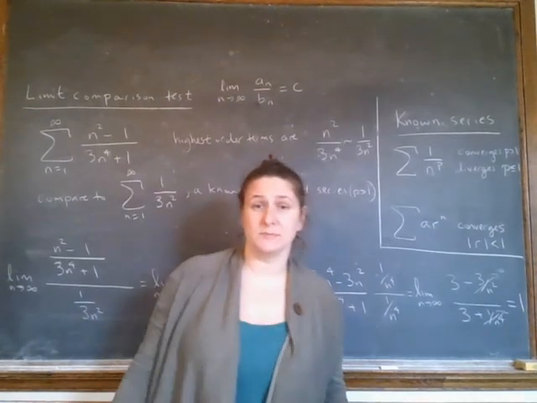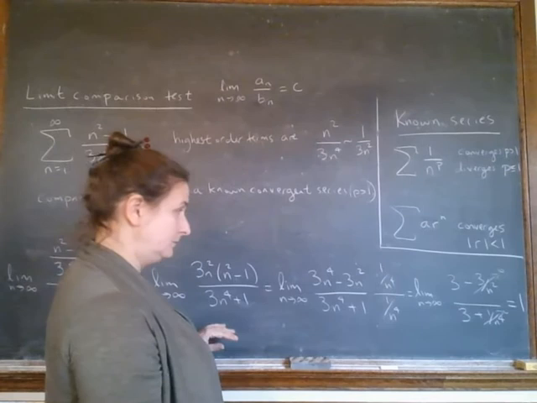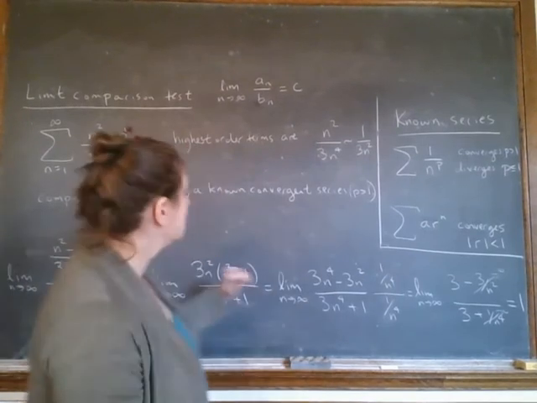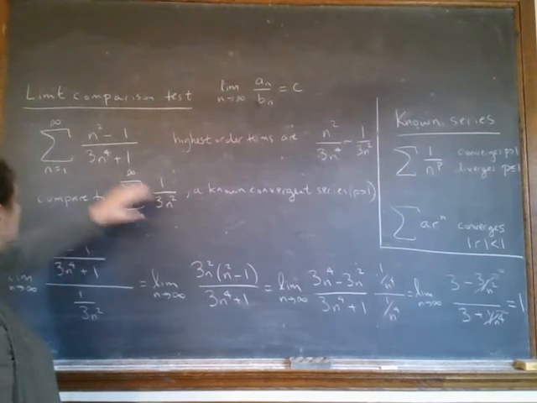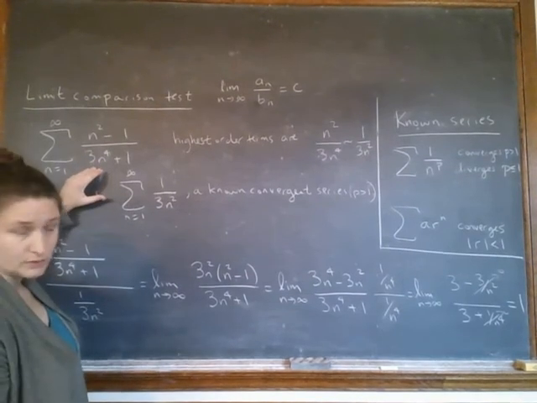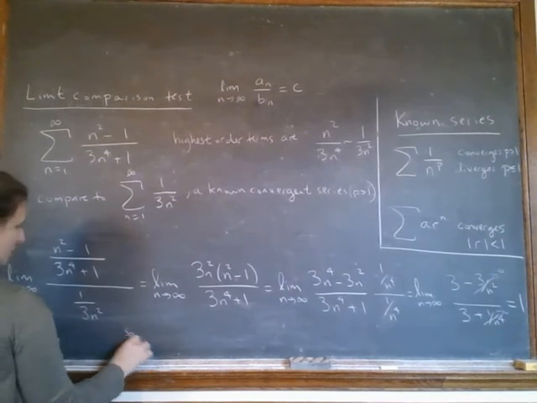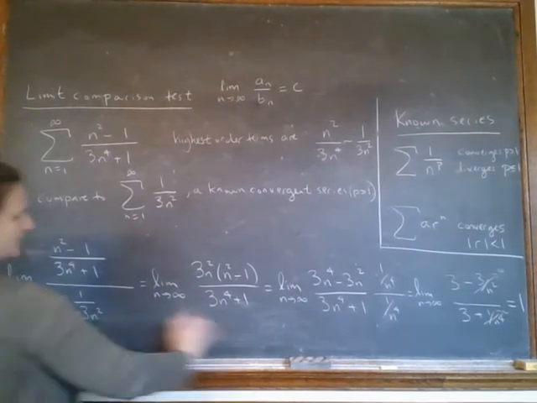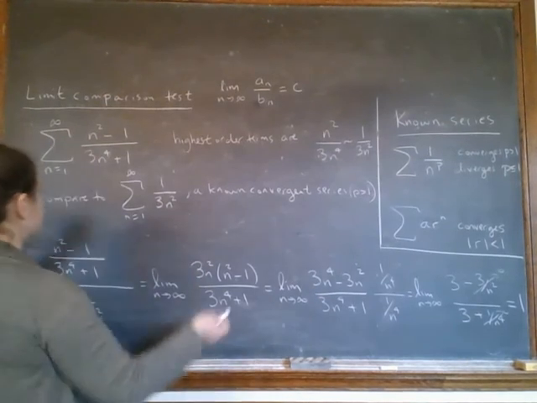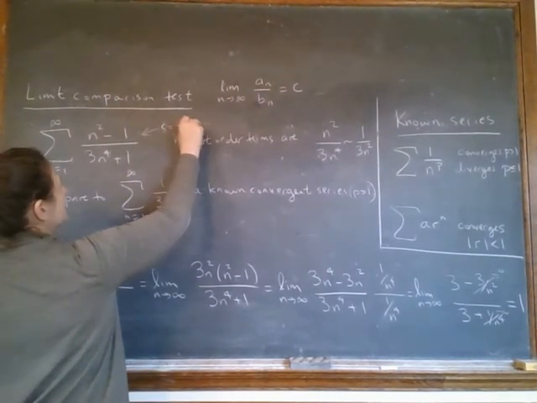So what that tells me, again, is that these two do the same thing. So since this guy converges, this one also converges. Well, I don't really have space. If I had space, I would write, so this guy is a convergent series. So, convergent.